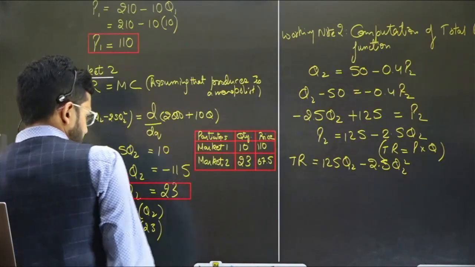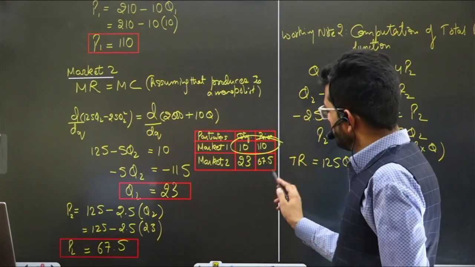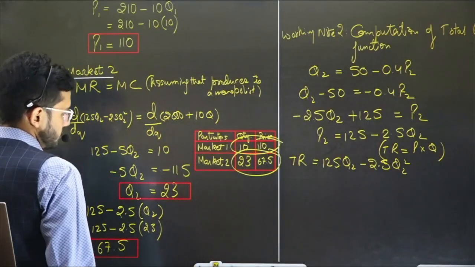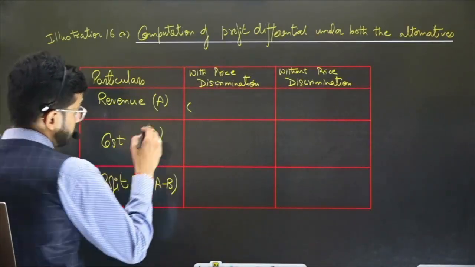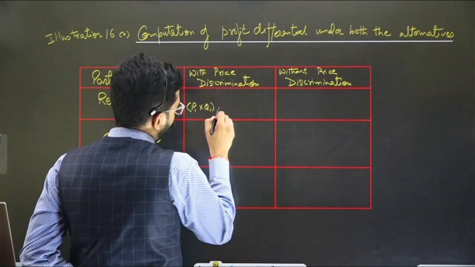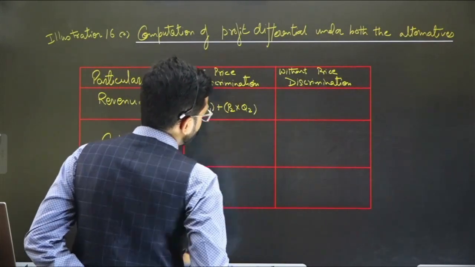If price discrimination is exercised, then guys, the revenue will be quantity multiplied by price in market 1, plus quantity multiplied by price in market 2. Okay, so the revenue will be price 1 into quantity 1 plus price 2 into quantity 2.